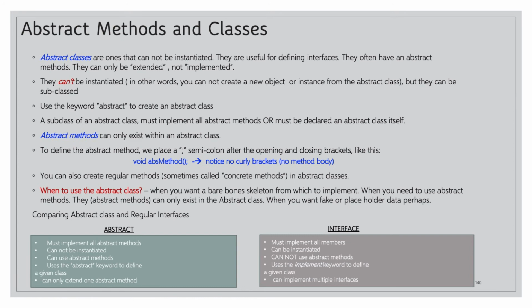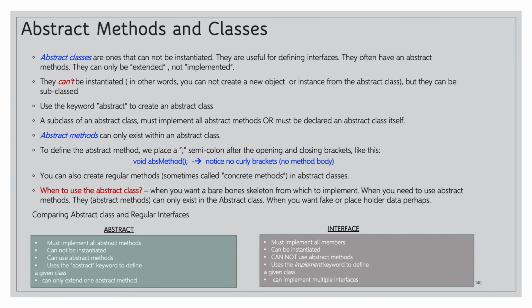When would you use the abstract class? When you want a bare bones skeleton from which to implement. When you need to use abstract methods, which can only exist in an abstract class. And when you want fake or placeholder data, perhaps, when you're building your code. Let's compare the abstract class and regular interfaces.